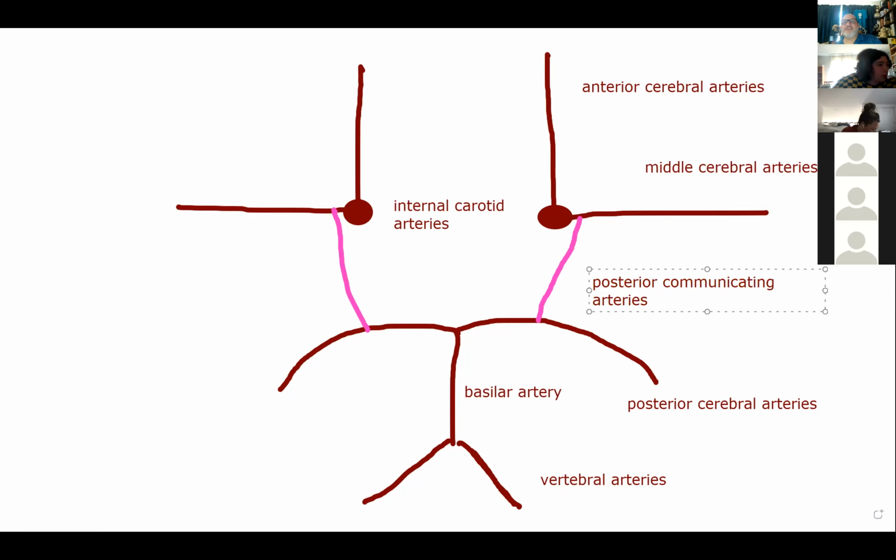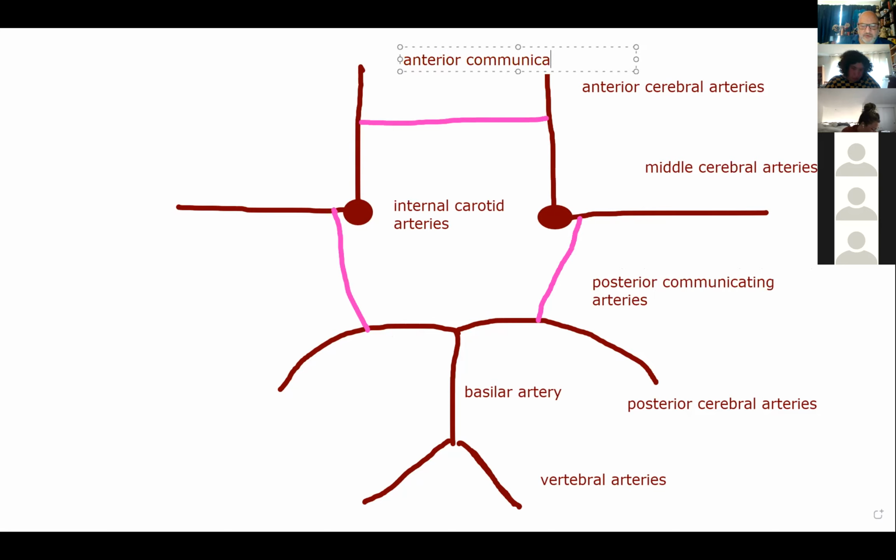And there is an additional blood vessel that actually connects the two anteriors near the front. And not surprisingly, this is known as the anterior communicating arteries.